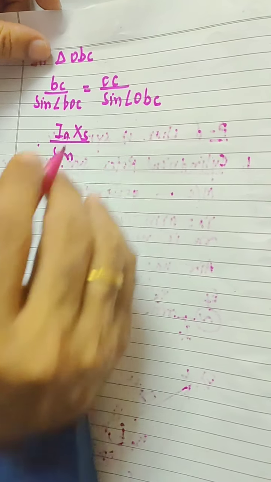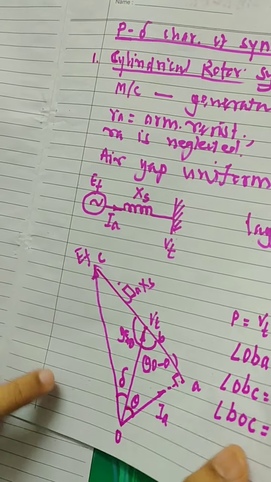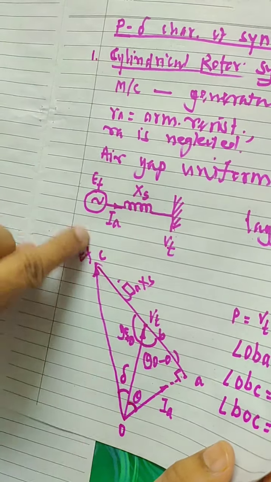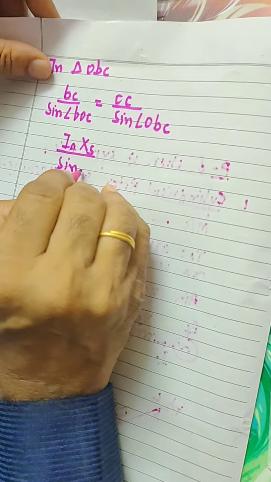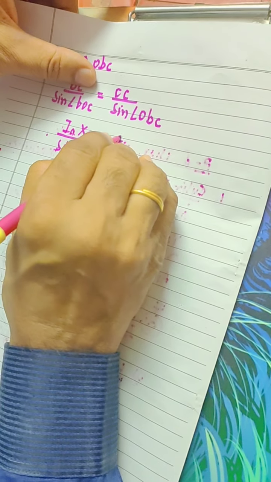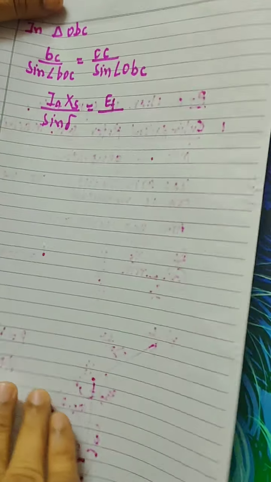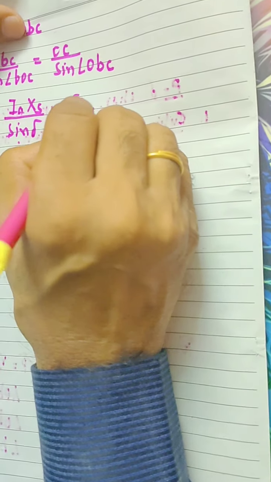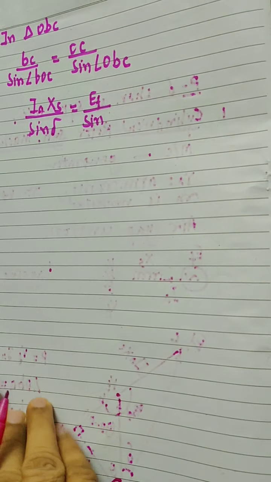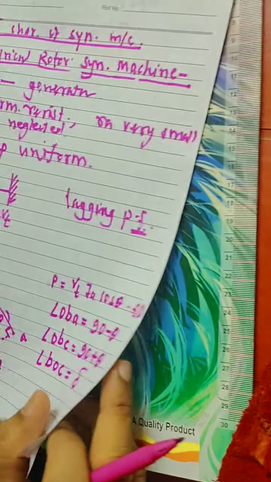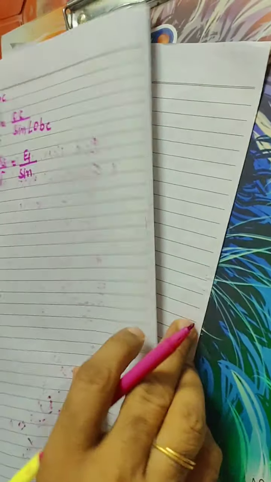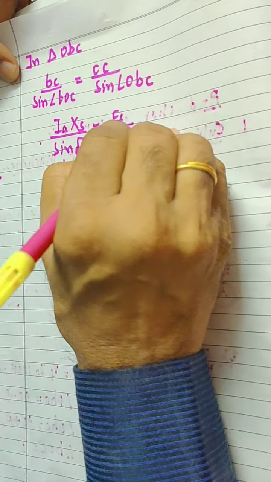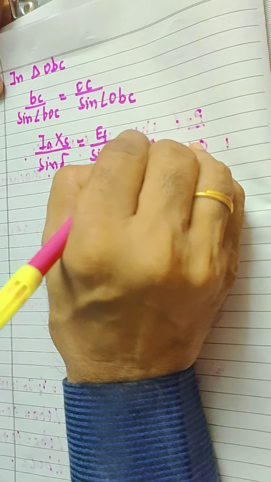Sine of angle BOC is sine of angle delta, equal to OC, and OC is nothing but Ef, upon sine of angle OBC. OBC is 90 plus theta.